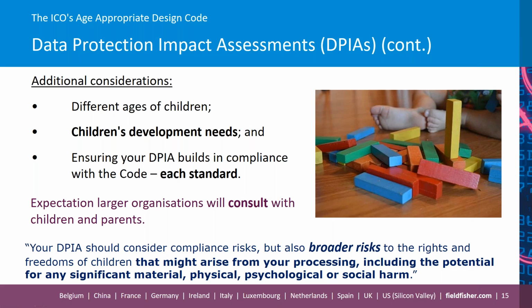So what do these additional considerations under the code look like? Well, the code actually breaks down children into different age categories: 0 to 5, 6 to 9, 10 to 12, 13 to 15, 16 to 17. Those are the different ages of children that have been broken down.